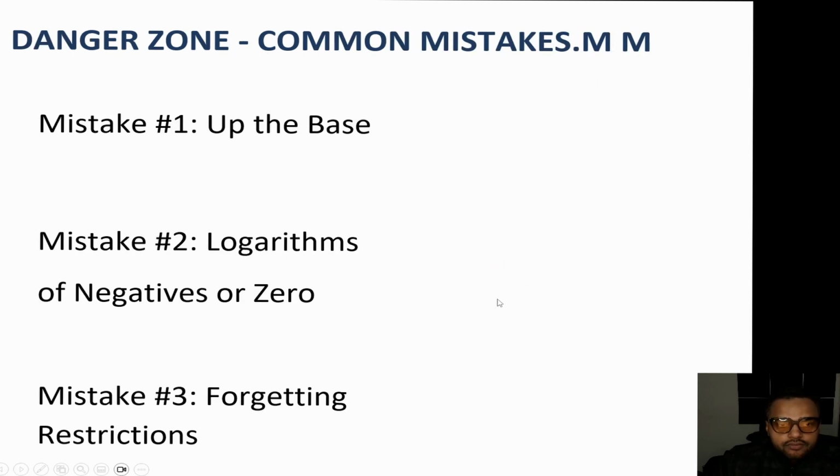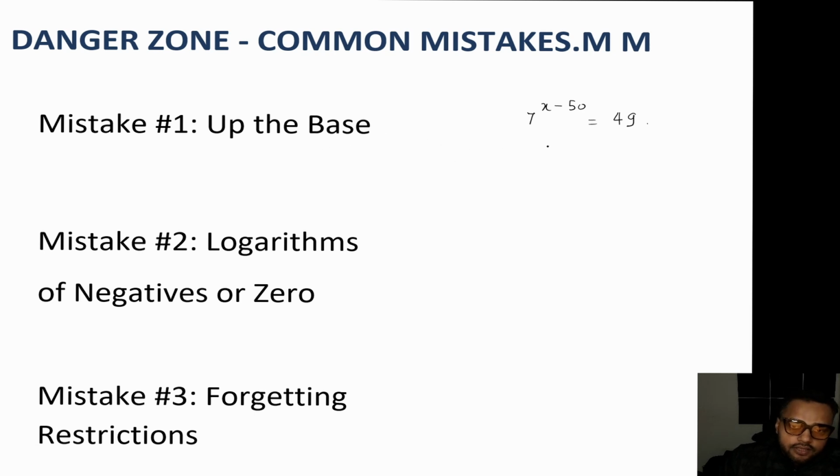Some of the common mistakes which students make here is mixing up the bases. For example, let's take an example: 7 raised to the power x negative 50 is equal to 49. So what most students will do here is mix the base.